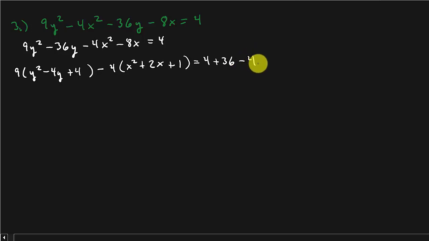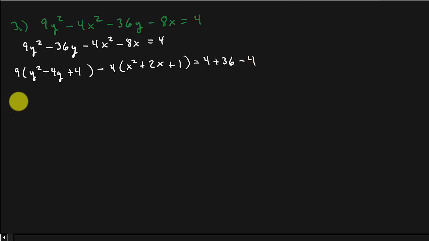Now, why did I do that? Well, you can see over here, look at this, 9 times 4 is 36. So I added 36 on this side, so I add 36 over here. But look over here, the 1. I've got negative 4 times 1 is negative 4. So it's like I subtracted 4, so I got to come over here and subtract 4.